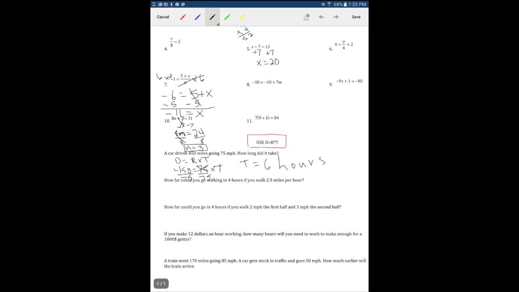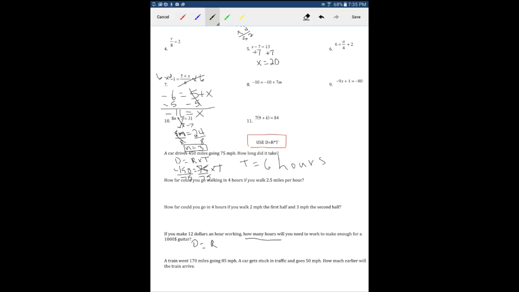So we got distance, we got rate, and we got time. We definitely don't know the time, because it's saying how many hours. That tips us off. We're looking for our time.